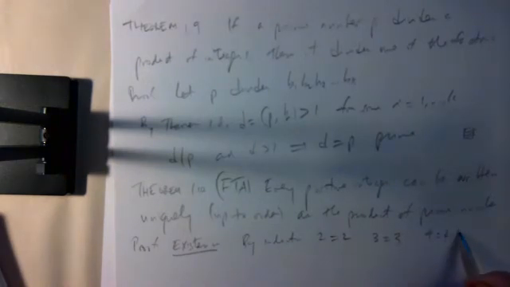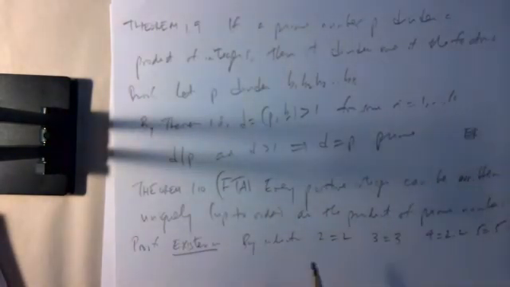It's a product of 1 prime. 3 is equal to 3. That's a product of 1 prime. 4 is equal to 2 times 2. That's a product of primes. 5 is a prime, and so forth. So at least for the first integers 2, 3, 4, and 5, it's a product of primes in at least one way.